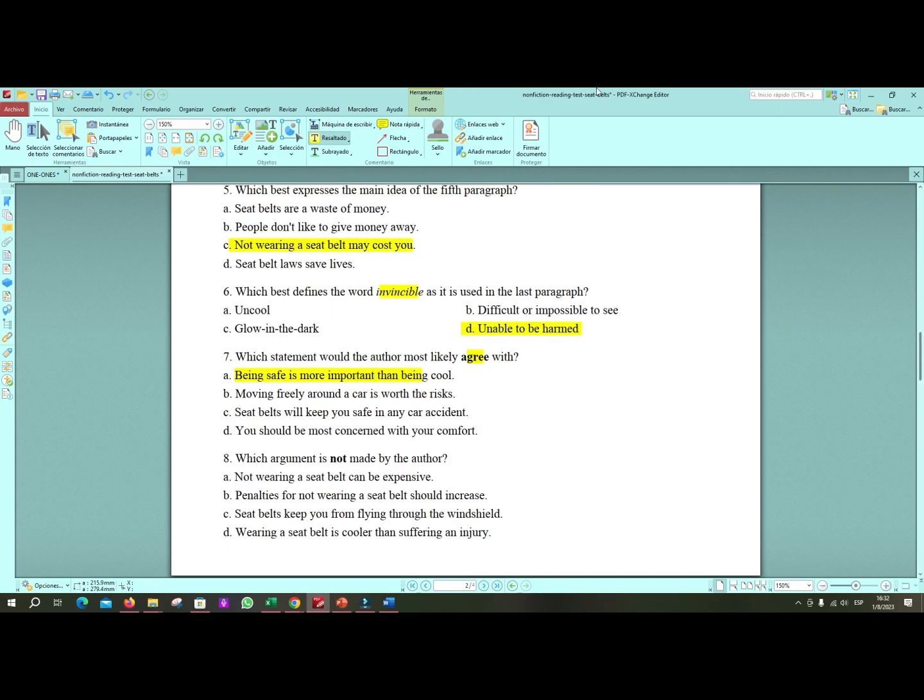8. Which argument is not made by the author? A. Not wearing a seatbelt can be expensive. B. Penalties for not wearing a seatbelt should increase. C. Seatbelts keep you from flying through the windshield. Or D. Wearing a seatbelt is cooler than suffering an injury.